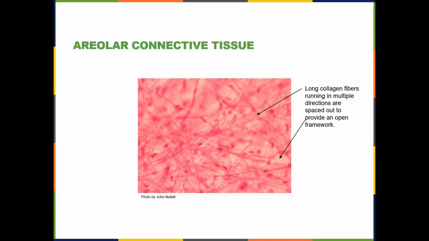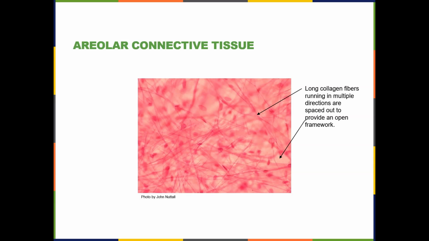Areolar connective tissue is a type of connective tissue proper. It has a matrix with a fluid gel ground substance and collagen fibers, reticular fibers, and elastic fibers. All three of the major fiber types are found in areolar connective tissue.